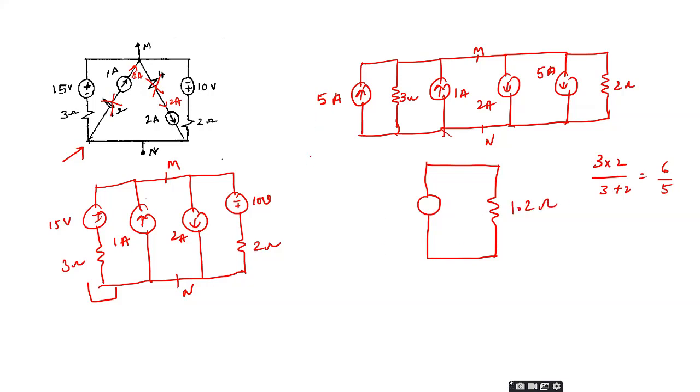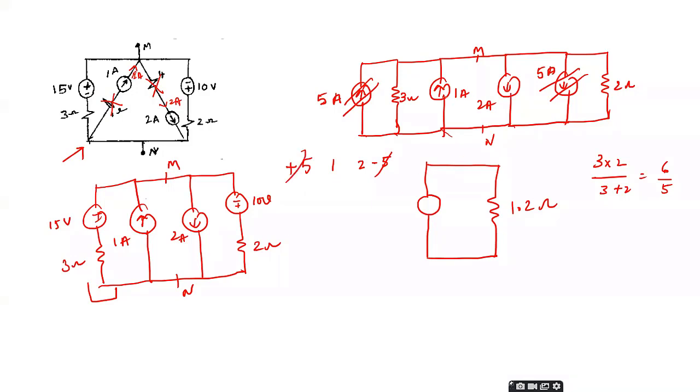Then what about this? Here 5, 1, 2 and 5. You can see here this 5 and this 5 can be cancelled because they are the same magnitude but opposite in direction. All right. So one is plus 5, another one is minus 5, so these two can be neglected.